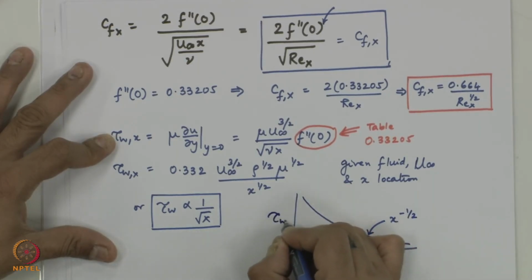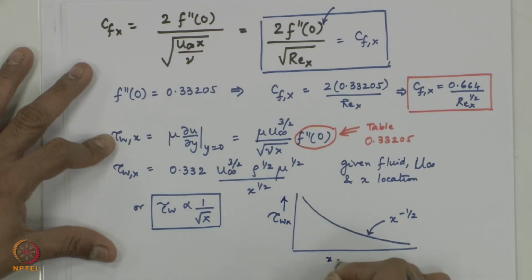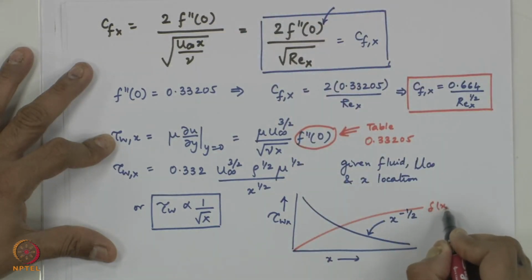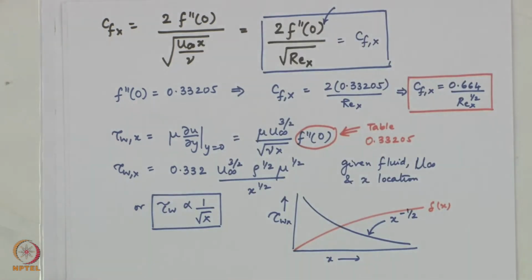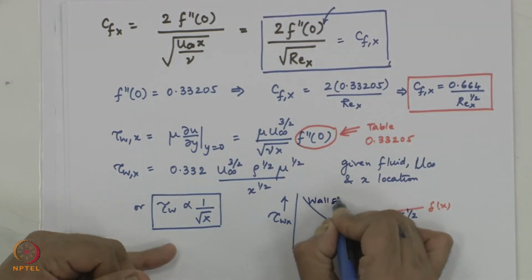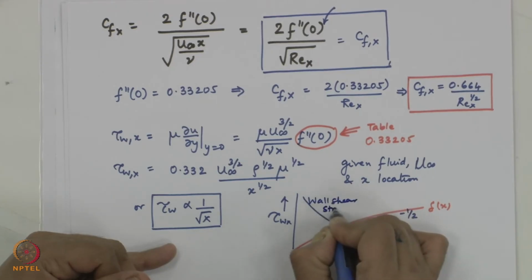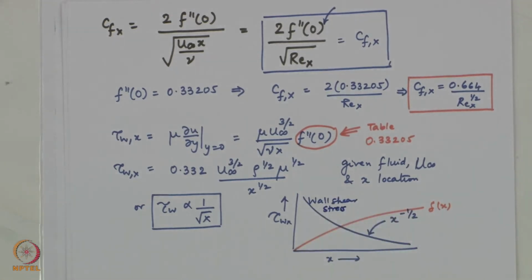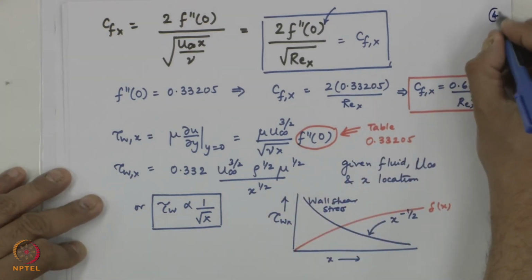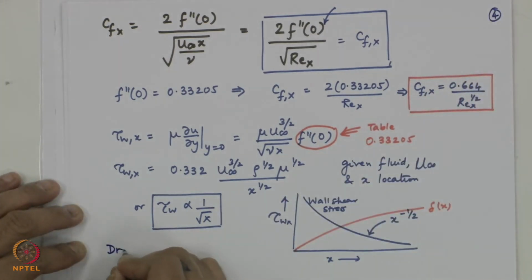For laminar flow, this is the local wall shear stress, and this is how your boundary layer was growing. Wall shear stress is this blue curve. It varies as x to the minus half, and now you can use this same expression to calculate drag force.